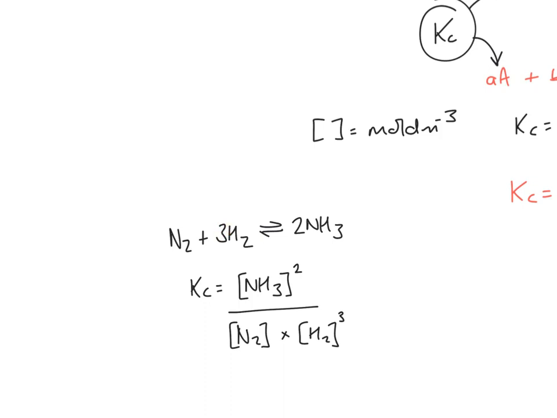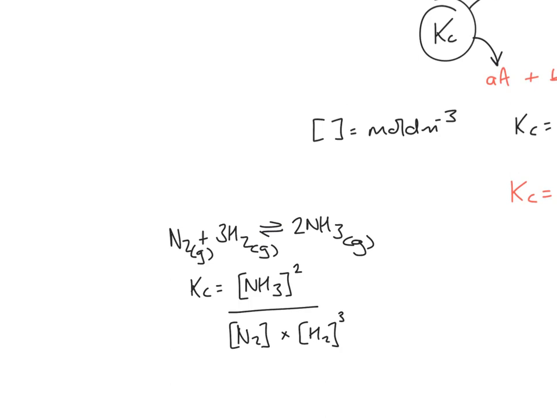In year 1, you'll only ever be expected to do homogeneous Kcs. This makes sense because nitrogen, hydrogen and ammonia in the Haber process are all in the same phase. Okay, so they're all in the gas phase.